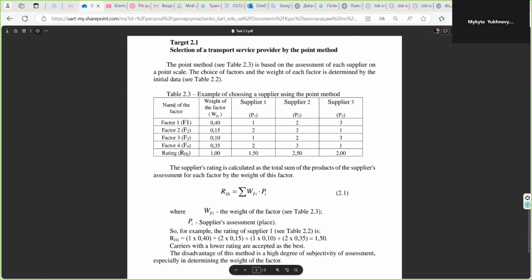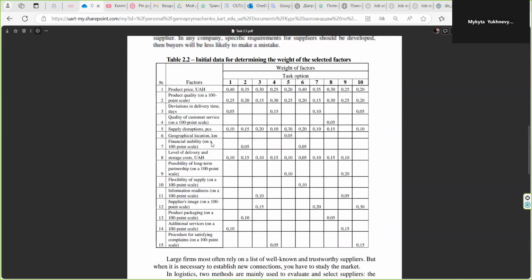You need to make the same table with the first column as the name of the factor, but every variant has 6 factors. 6 factors, remember about it. We could write, for example, the names of factors as in our table here. For example, the first factor, every variant has the first factor product price.